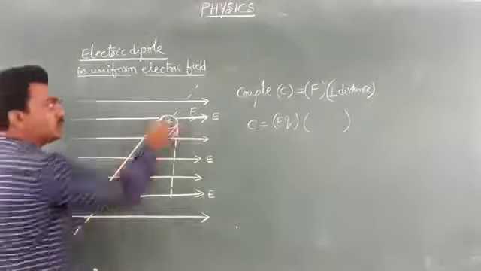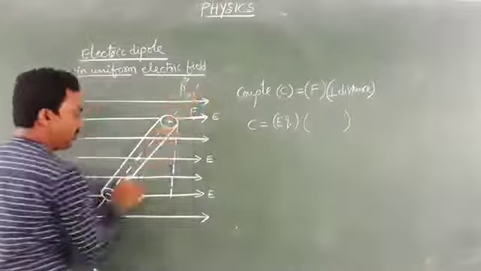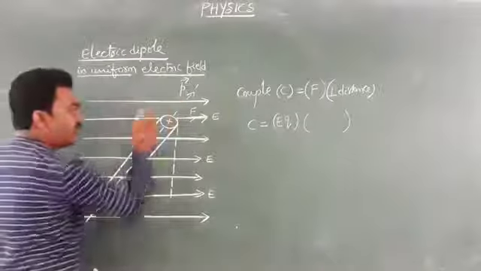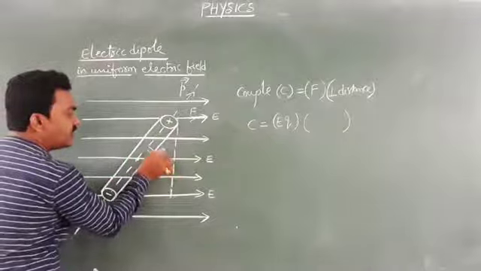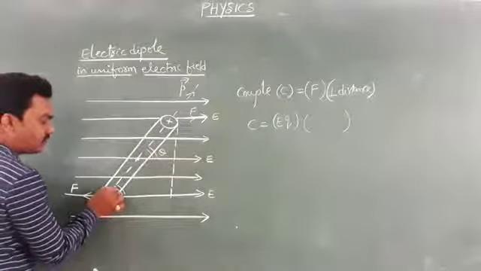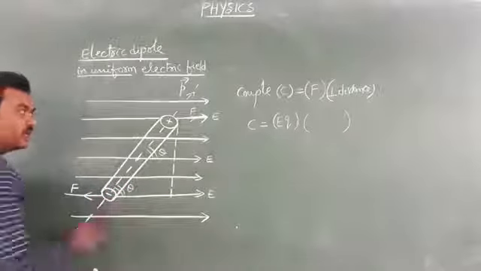Let us suppose the dipole moment vector, which is directed from negative to positive, is at an angle theta with the field vector, so the axis of the dipole makes an angle theta here.